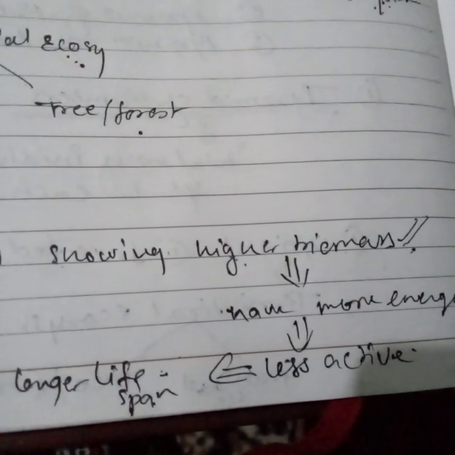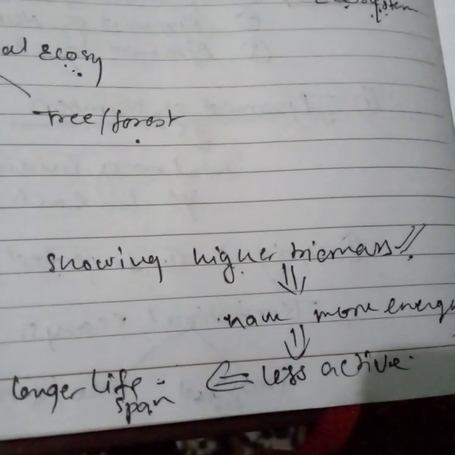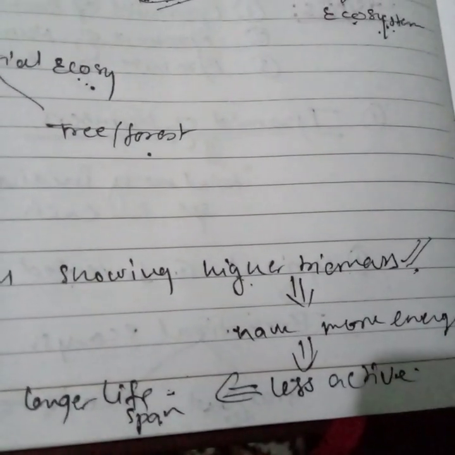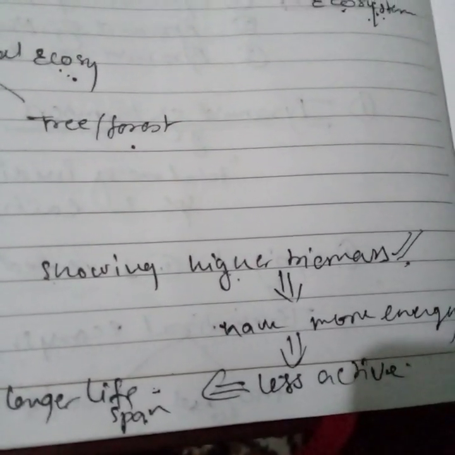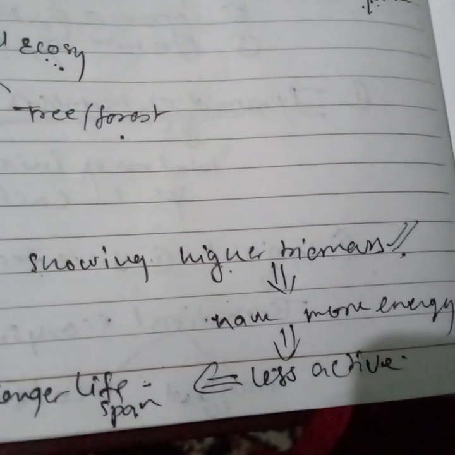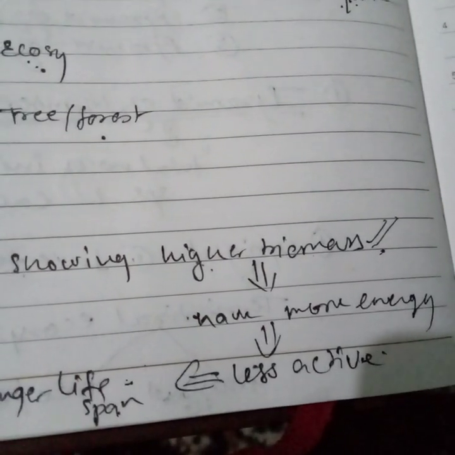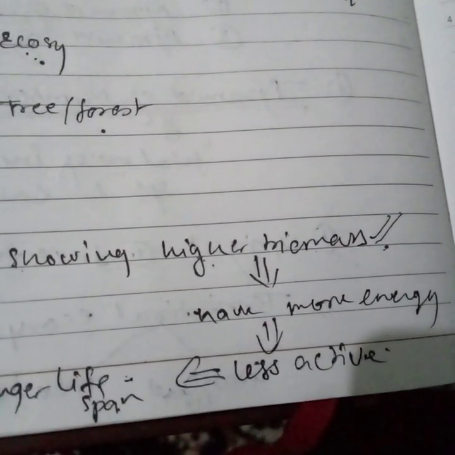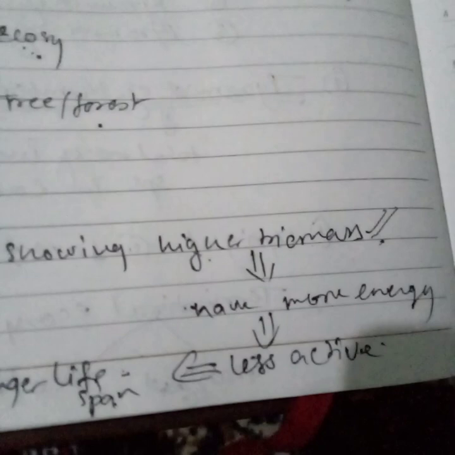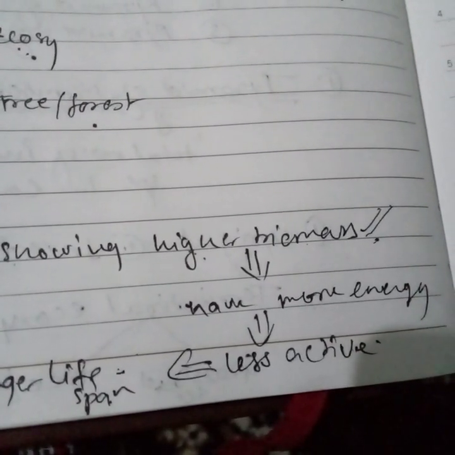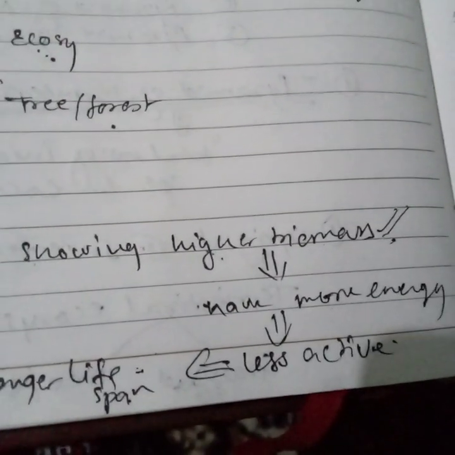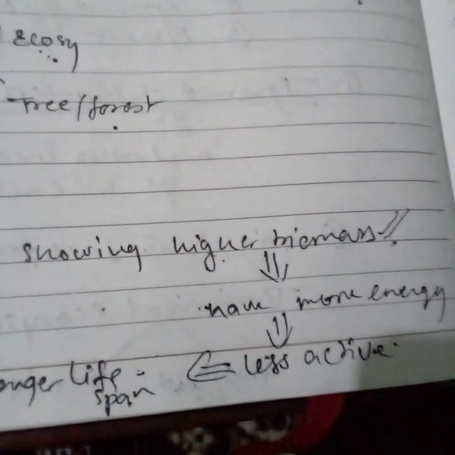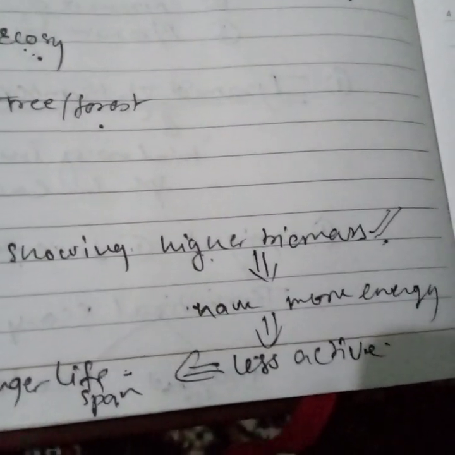But those trophic levels which have smaller size organisms have less biomass, and due to the less biomass they have less energy as compared to the other organisms. That's why, due to less energy of that particular organism, their life span is very short.